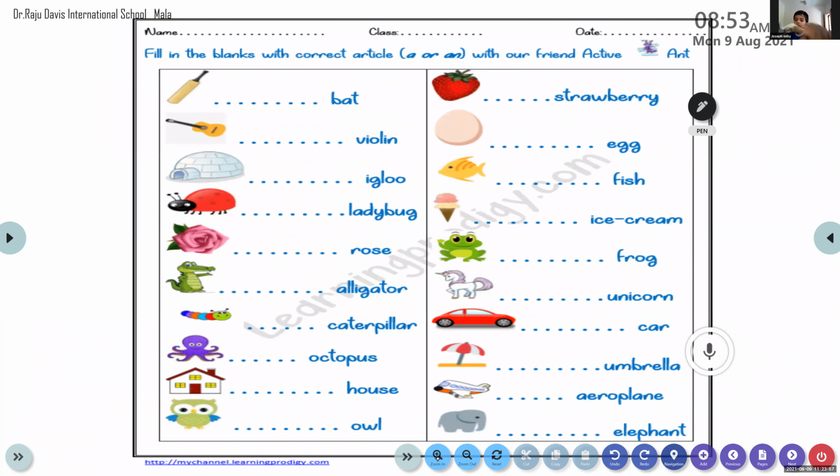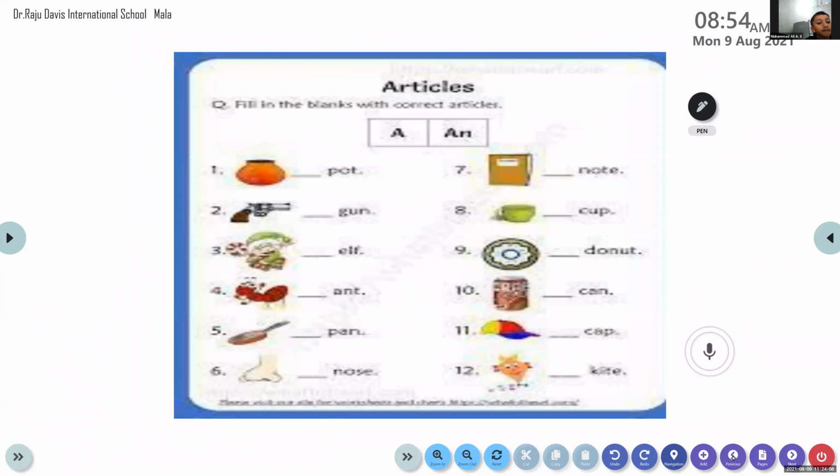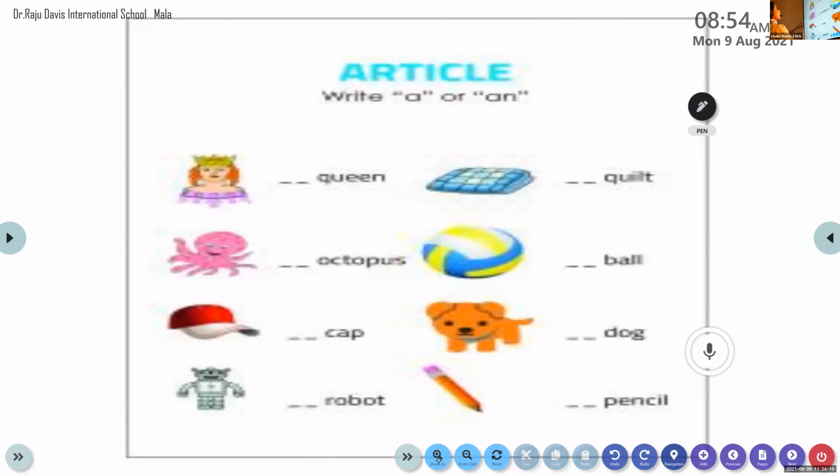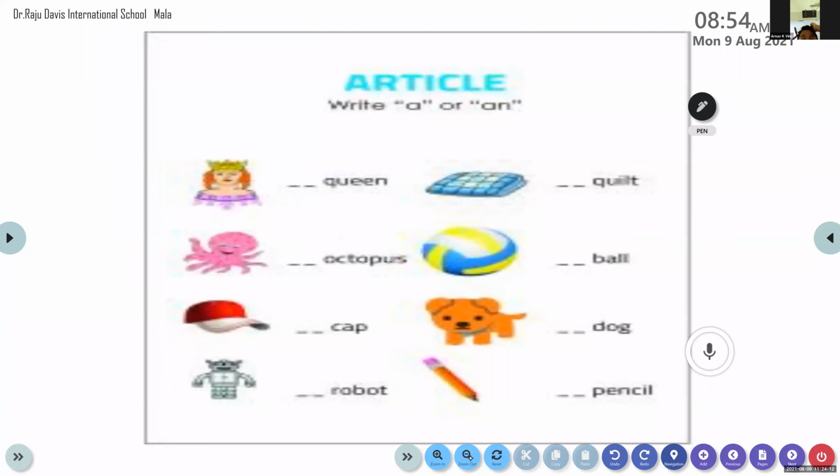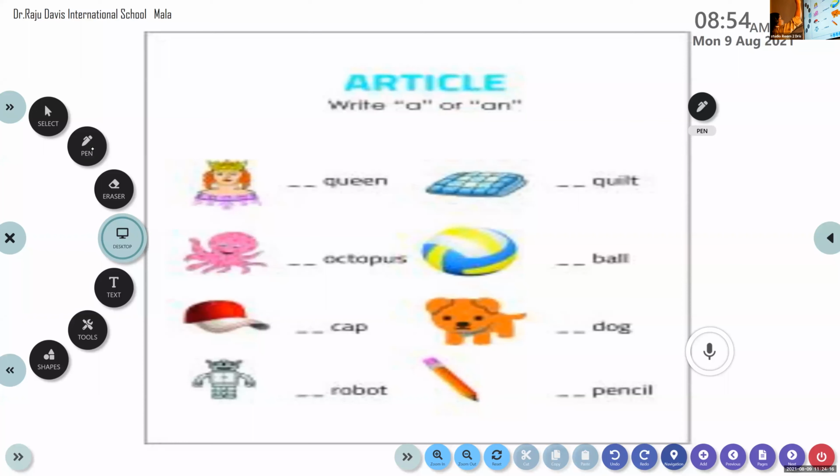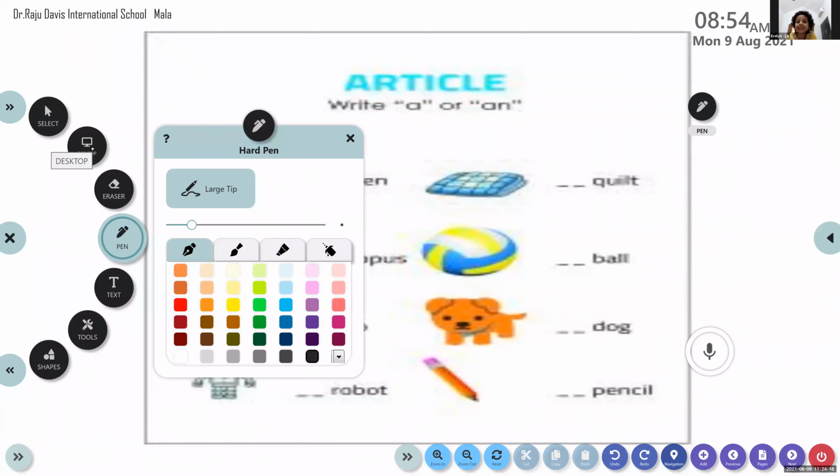Is this clear? This worksheet, I think it's clear. So I'll write the words on the board for you so that it will be clearer for you. Okay then.